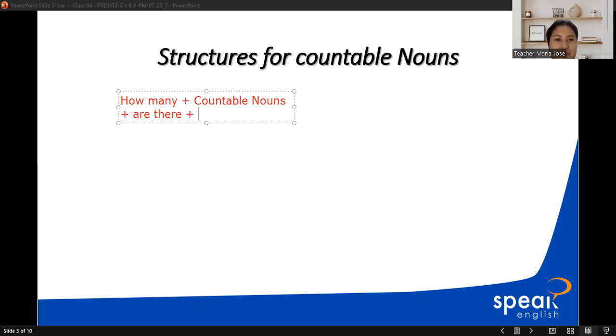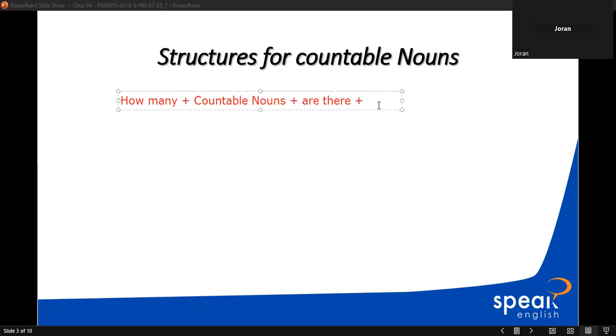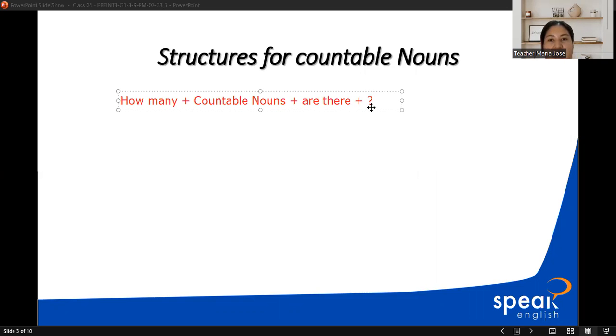And at the end? What do you need at the end of the question? So I know that it is a question. Plus question mark. Excellent. Very good. All right. So that is the structure for the question.